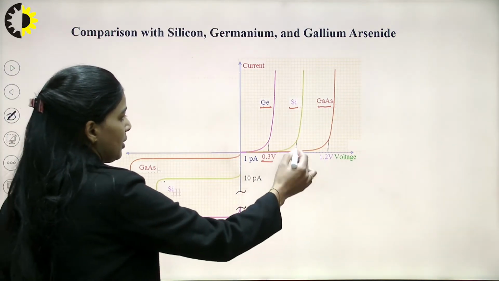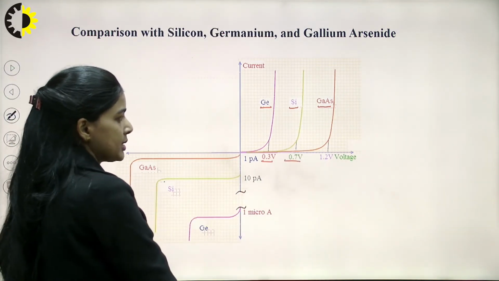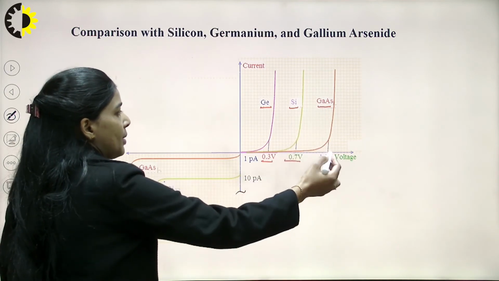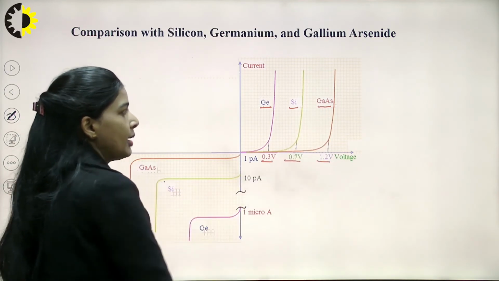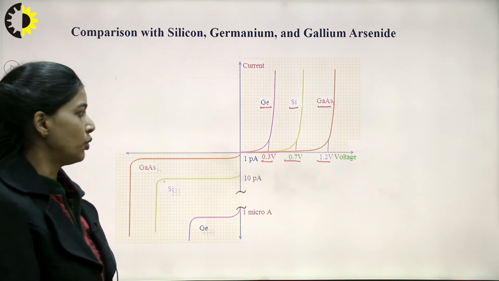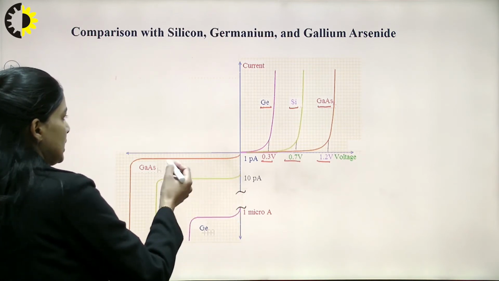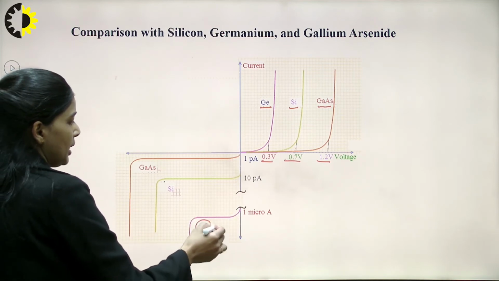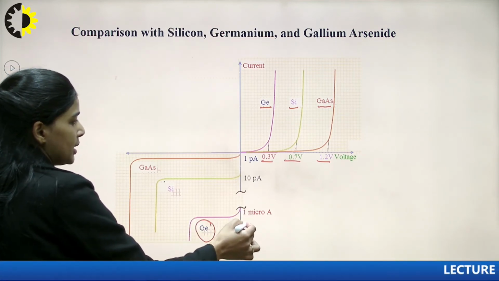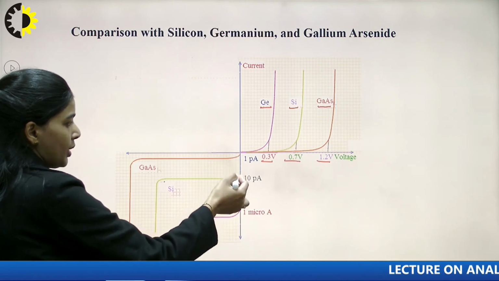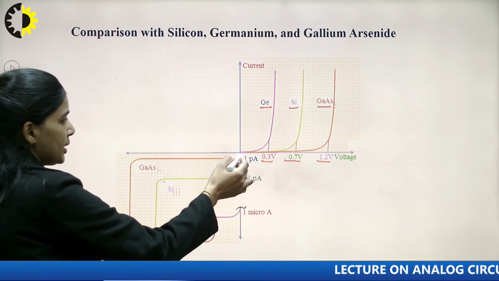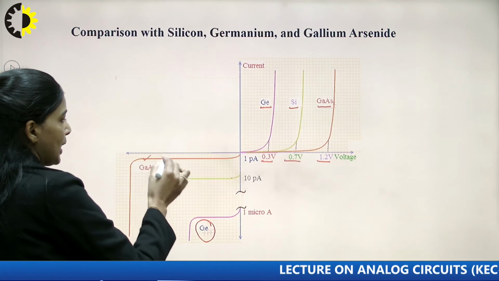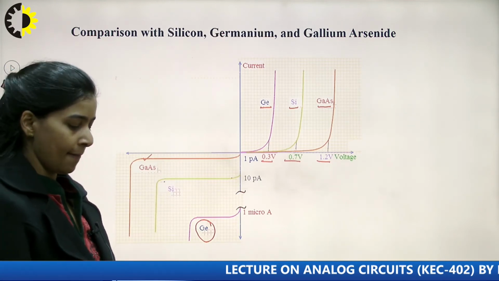For silicon, as I discussed, it is 0.7 volts. For gallium arsenide we have 1.2 volts of cut-in voltage. And if we see the reverse characteristics, we can find that the reverse current is highest for germanium compared to the other two, and it is minimum for gallium arsenide.